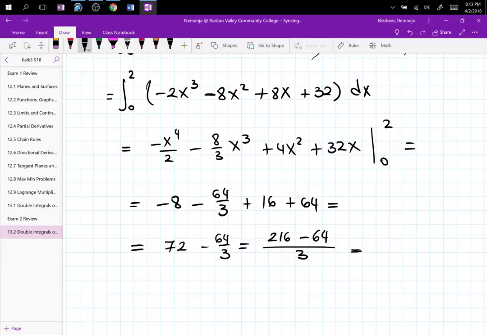That gives us 152 over 3. 1 plus 5 is 6, plus 2 is 8, not divisible by 3, so 152 over 3. Anyone? Whatever, right? Good?